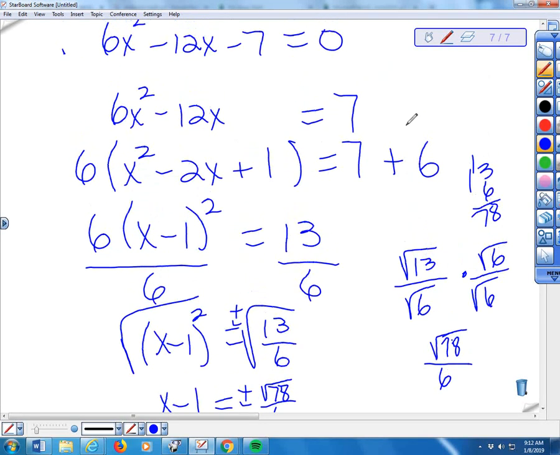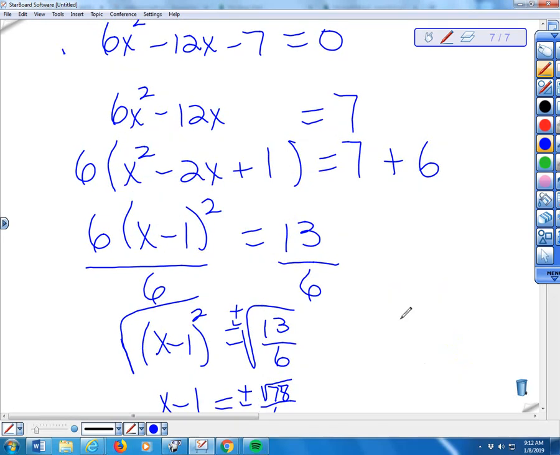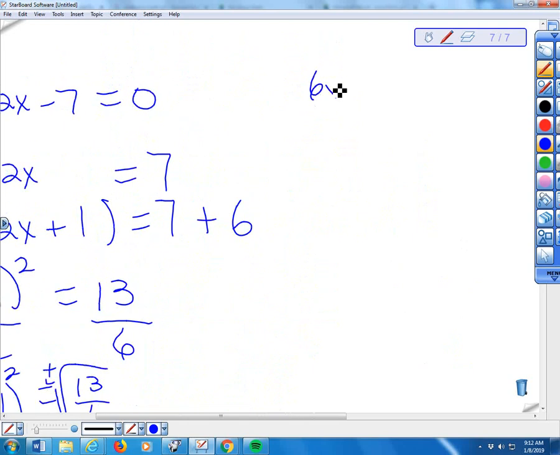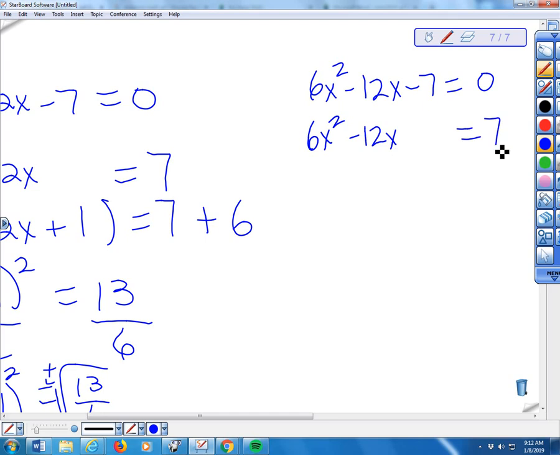I'm going to move this 7 over, but now what I'm going to do is just divide everything by 6.